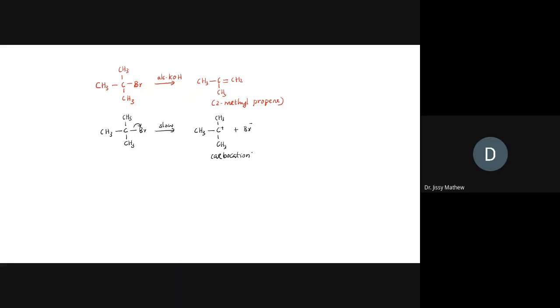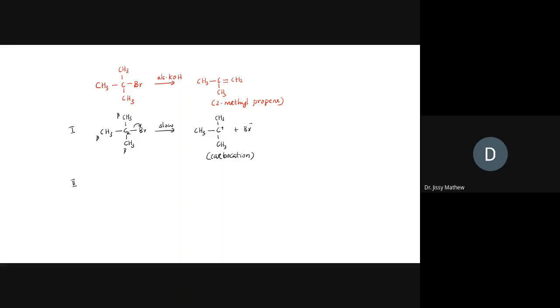With respect to this bromine atom, this is the alpha carbon, and there are 3 beta carbon atoms. In the second step, the base abstracts one of the beta hydrogens. So there are 3 beta carbons, and any of the beta hydrogens will be eliminated as a proton.